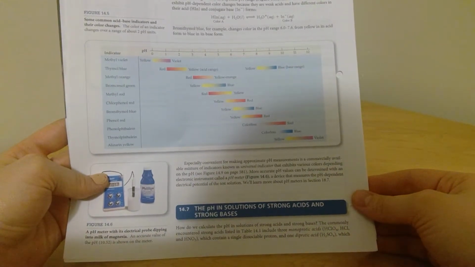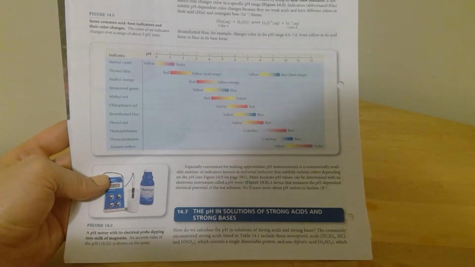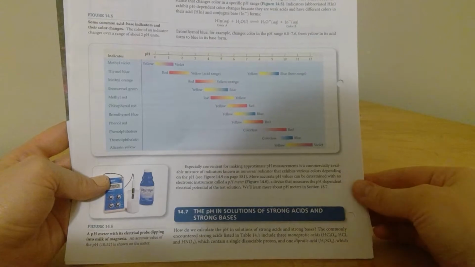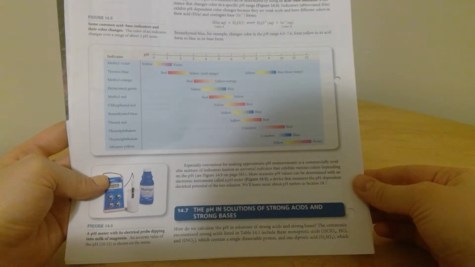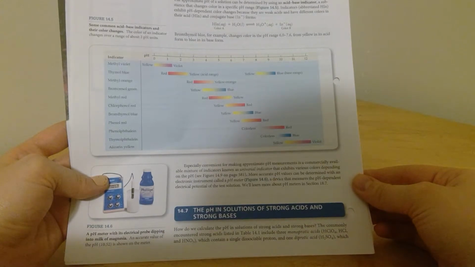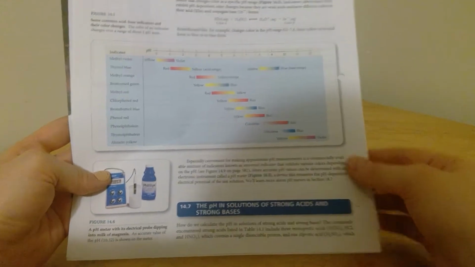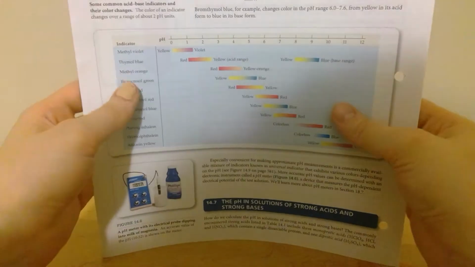How do we calculate the pH of solutions of strong acids and strong bases? The commonly encountered strong acids listed in Table 14.1 include three monoprotic acids, HClO4, HCl, and HNO3, which contain a single dissociable proton, and one diprotic acid, H2SO4, which has two dissociable protons.